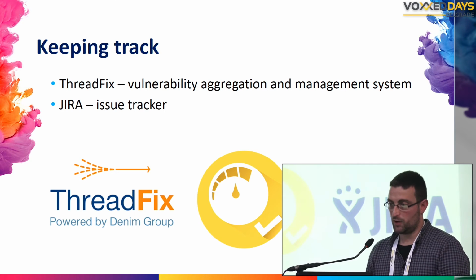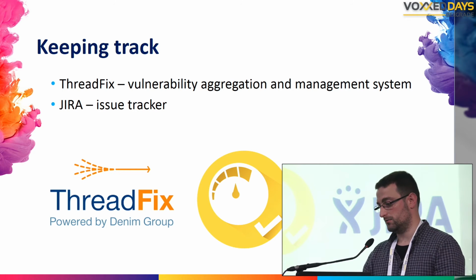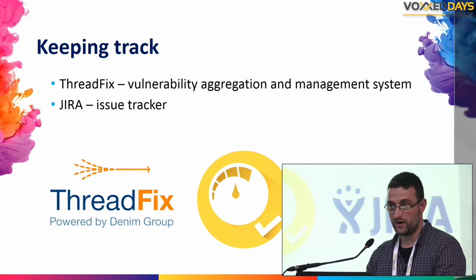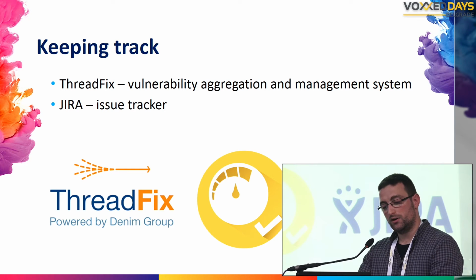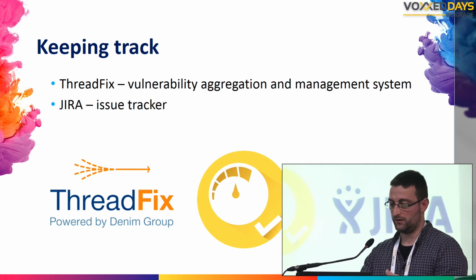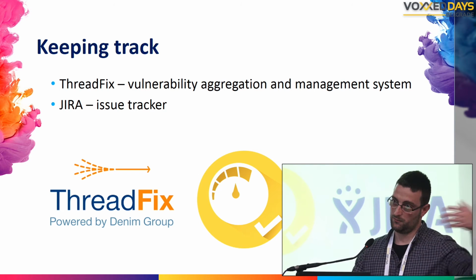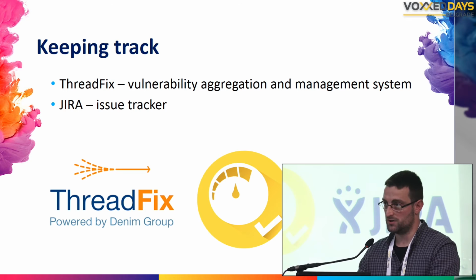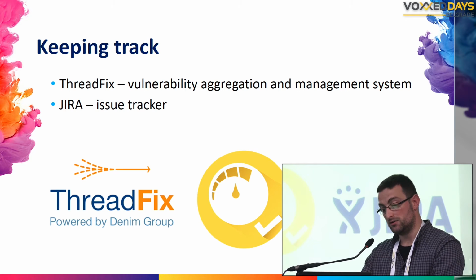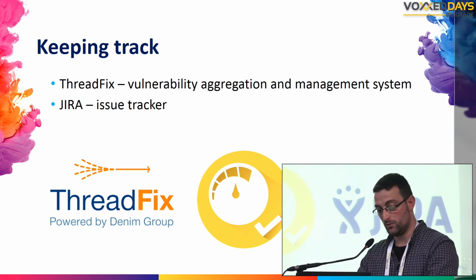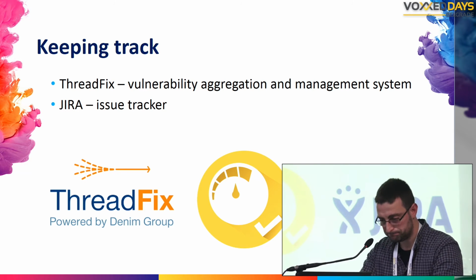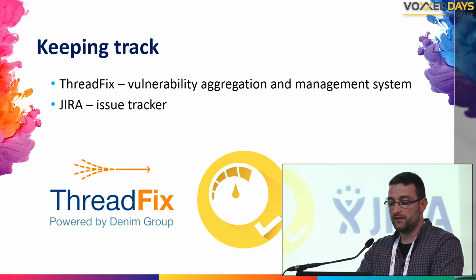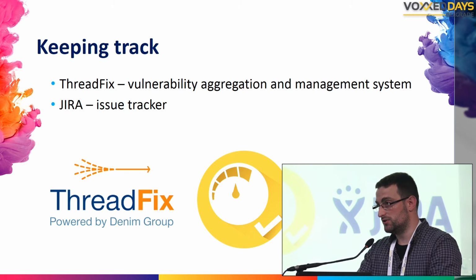Now, most companies have one issue tracking system, as does the one I'm working in, and we need to coordinate this ThreadFix vulnerability management system with the management system that the rest of the company is using. And luckily for us, ThreadFix has a plugin for Jira, Atlassian's issue management system, that we were using. And it's a really simple integration.